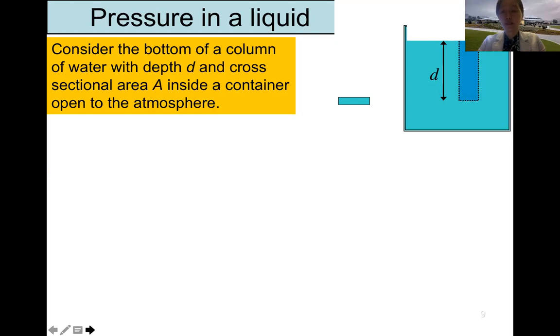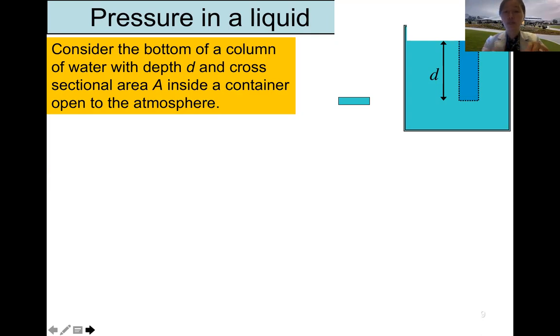But other than that, you can see this column of water is in contact with the air. So the atmosphere is constantly pushing on anything that it is in contact with. The atmosphere is pushing down on this column of water. So how much force is that? We know the atmosphere has a pressure P naught, that's 1 atm.